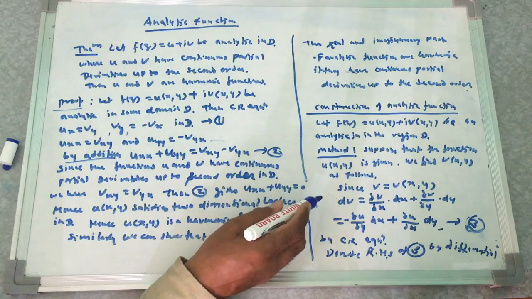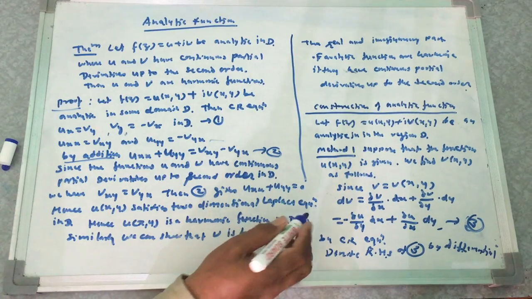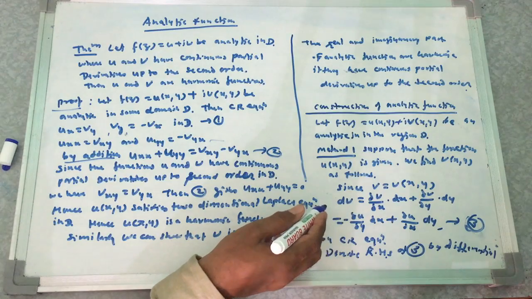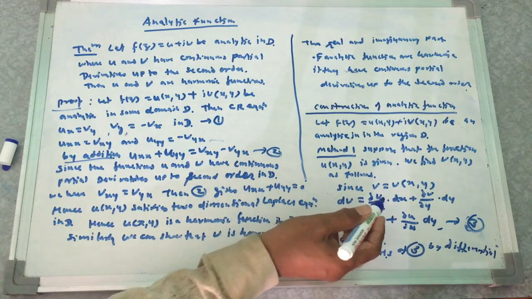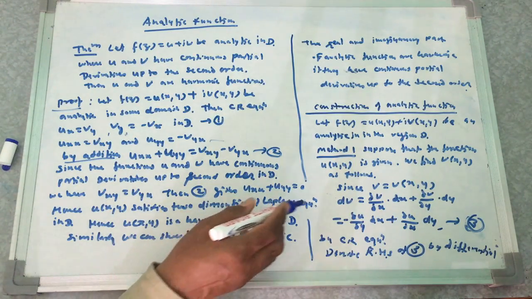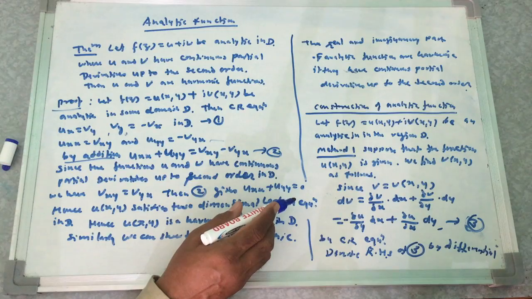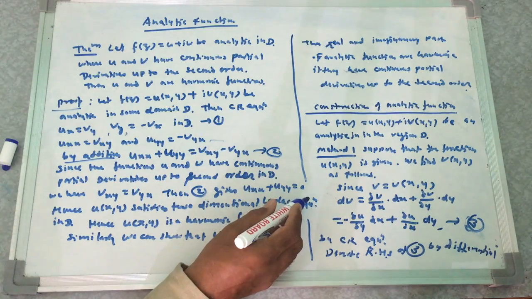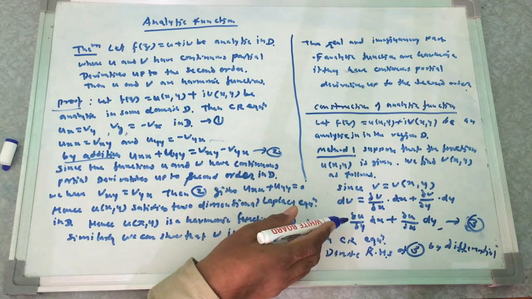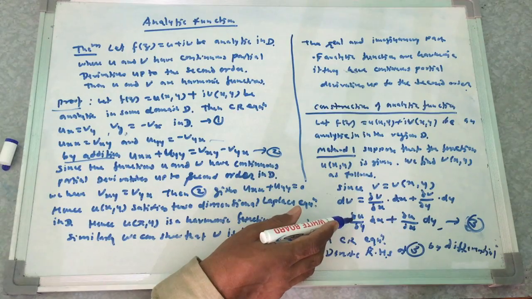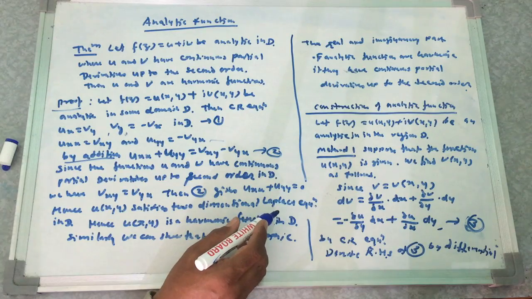Since v is equal to v of x,y, dv is equal to del v upon del x into dx plus del v upon del y into dy, that is equal to minus del u upon del y into dx plus del u upon del x into dy, by CR equations.